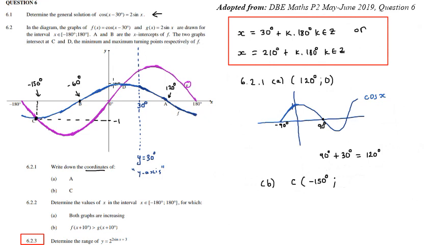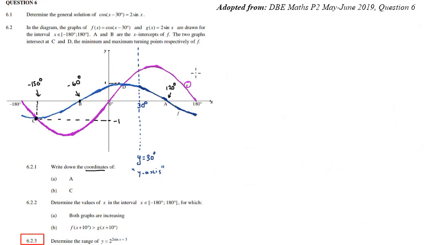That maximum there is 1. So this is negative 150 degrees, minus 1. Looking at the range of this cosine function, basically the blue graph, I'm actually noticing now that I've overestimated where this imaginary y-axis is. Let me explain to you why.